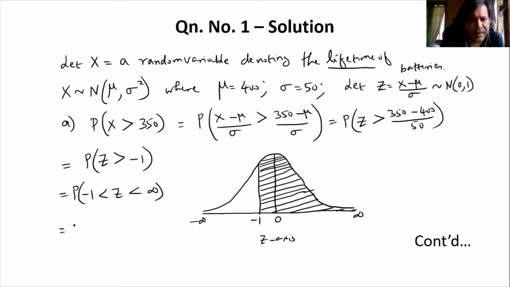Again, I can split this, means instead of considering -1 to positive infinity, I can split it as -1 to 0 and then 0 to infinity. So I can write this as probability of -1 less than Z less than or equal to 0, plus probability of 0 less than Z less than infinity.